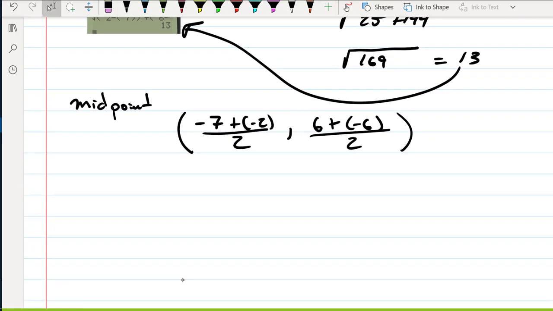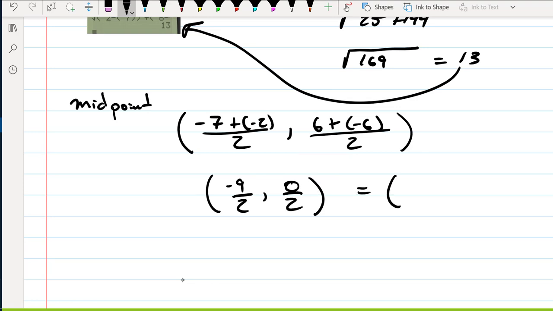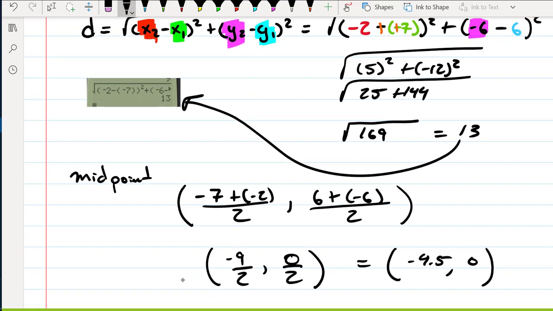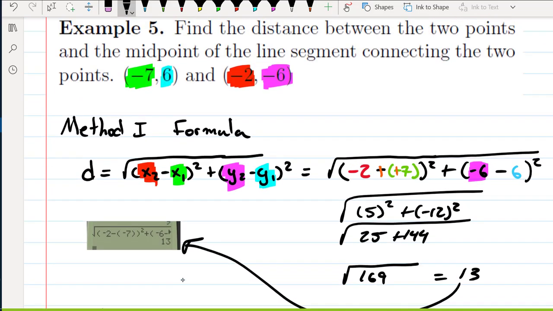So negative 7 plus negative 2 is negative 9, so that's negative 9 over 2, comma, positive 6 plus negative 6 is 0 over 2. So we would get negative 9 halves, or negative 4.5 and 0. And that would be our midpoint using our formula.